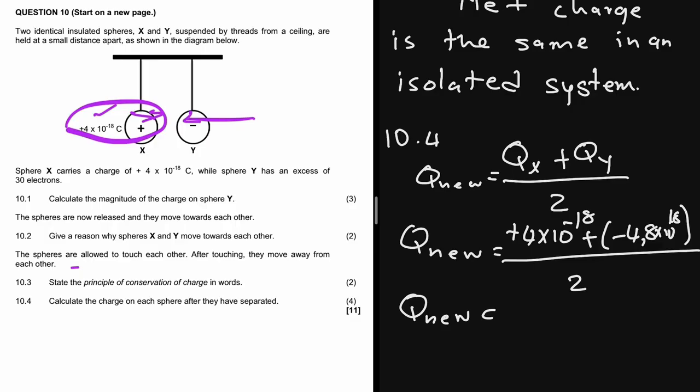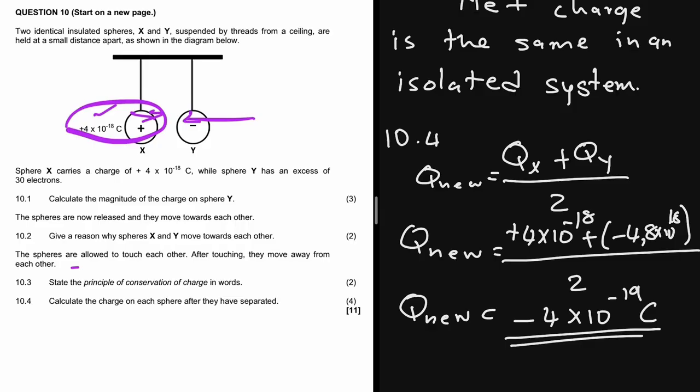When we put that in our calculator, we get that our new charge is equal to negative 4 times 10 to the power of negative 19 coulombs. So this will be the new charge after contact and separation.